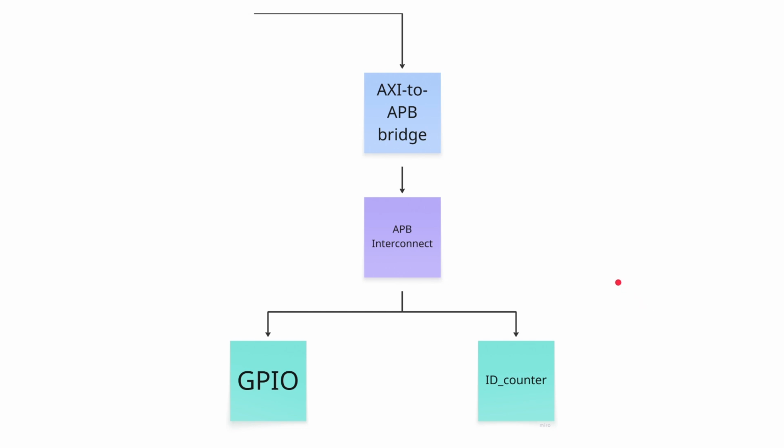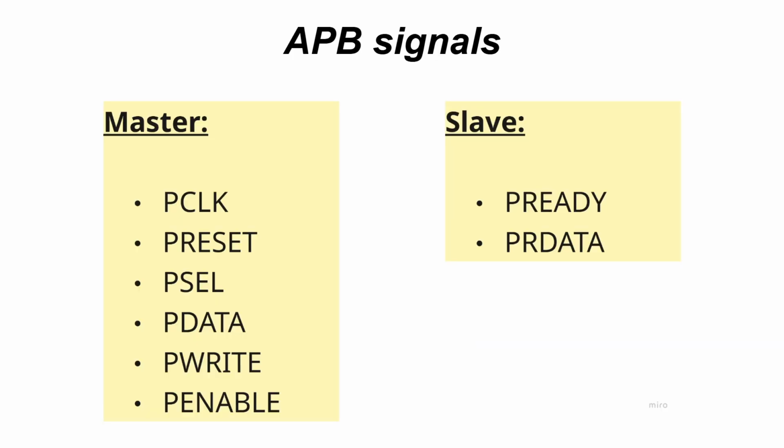So AXI is connected to the AXI to APB bridge, this APB bridge is connected to the APB interconnect, and this APB interconnect will be connected to the actual APB peripherals. Now let's get into the actual APB protocol and how it works.